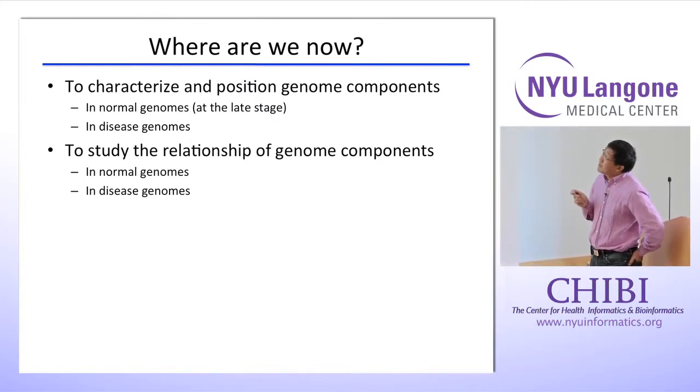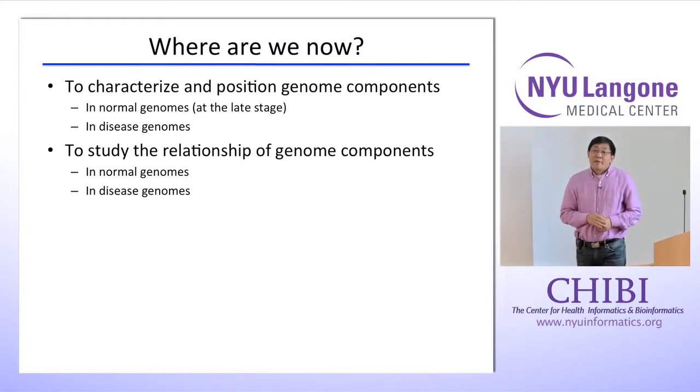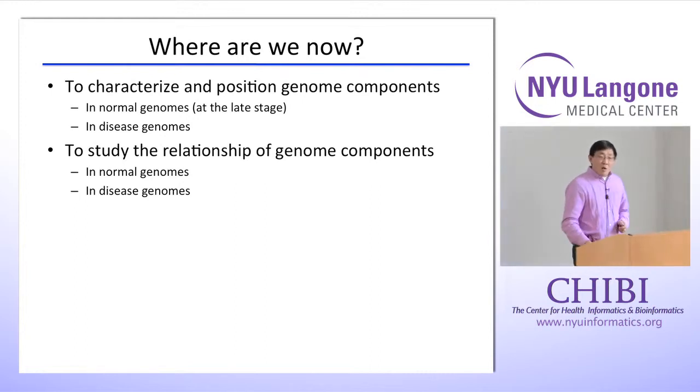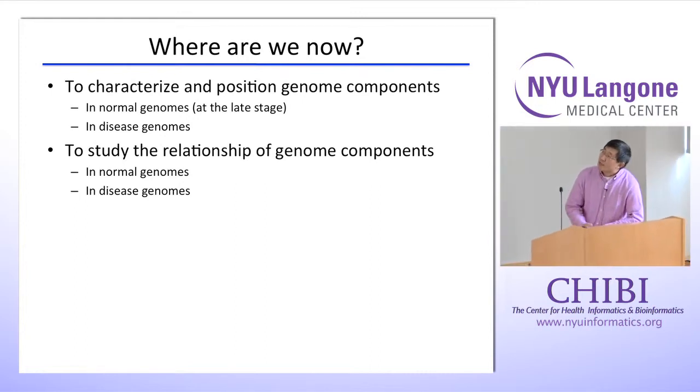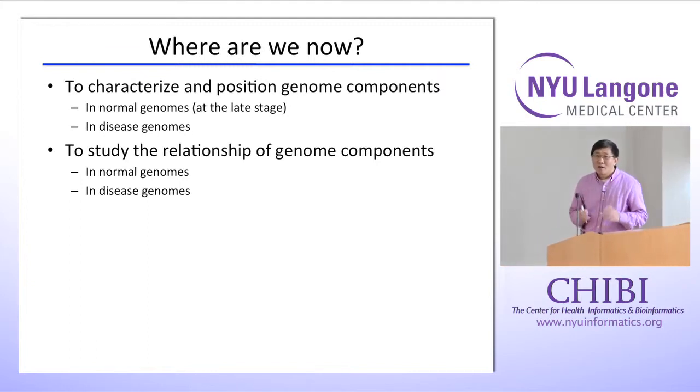In terms of characterizing and positioning genome components, we have done the majority of the work. The next big thing will be to study the relationship of the genome components: how all those genes and RNAs work together and how they are controlled.